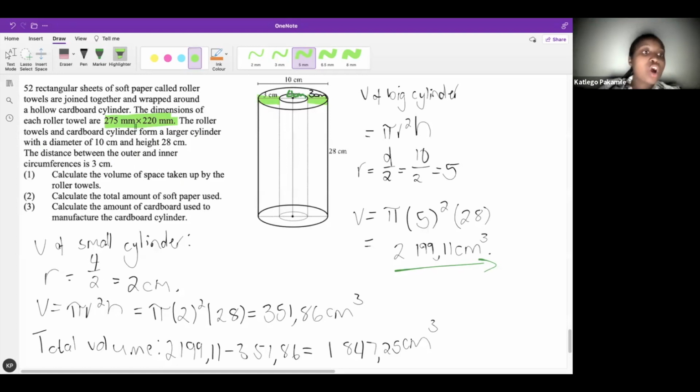They told us there are 52 sheets of soft toilet paper. So now we have to calculate how much toilet paper is used. If there are 52 of these, how are we going to find out the total amount?